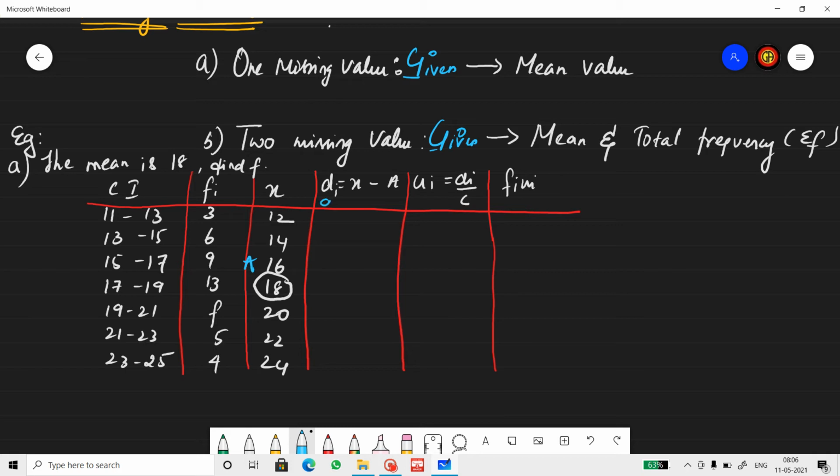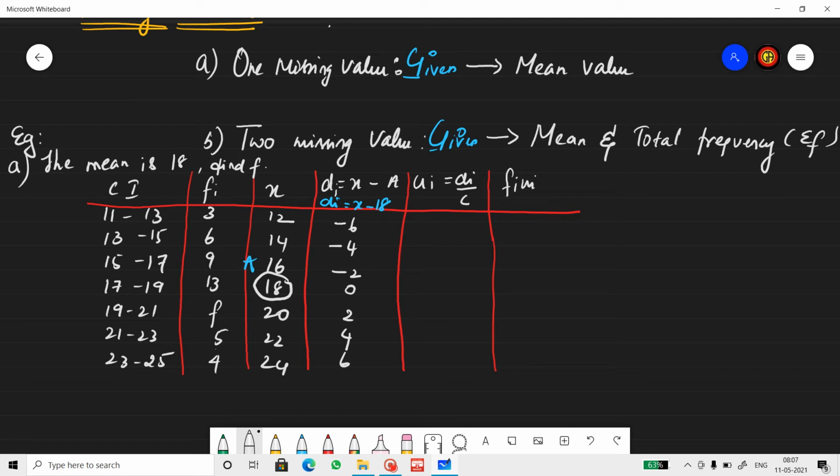So di becomes x minus 18. Now let's subtract each and every x value from 18. So 12 minus 18 will give us minus 6. Then it's minus 4. Then it's minus 2, 0, 2, 4 and 6.